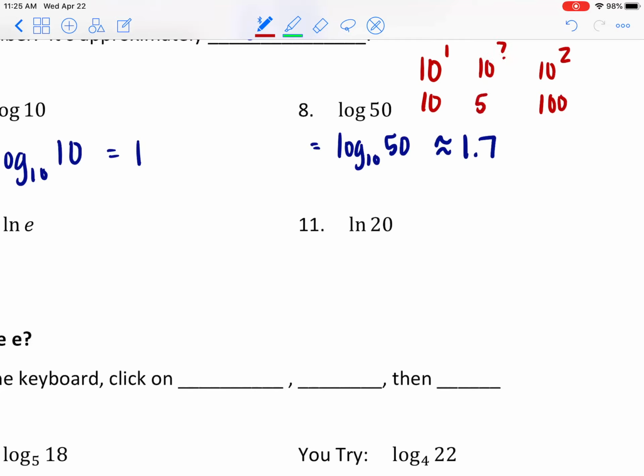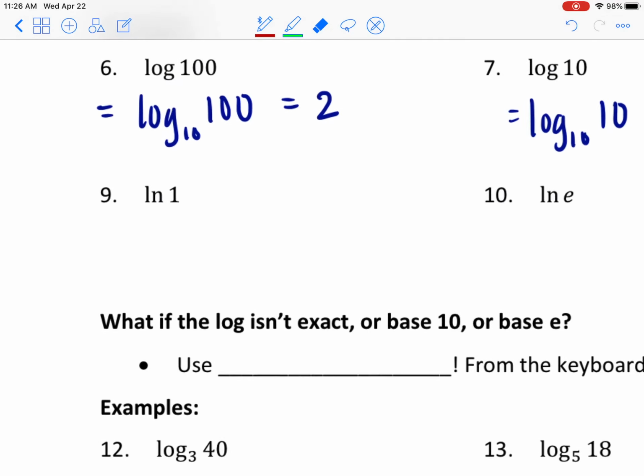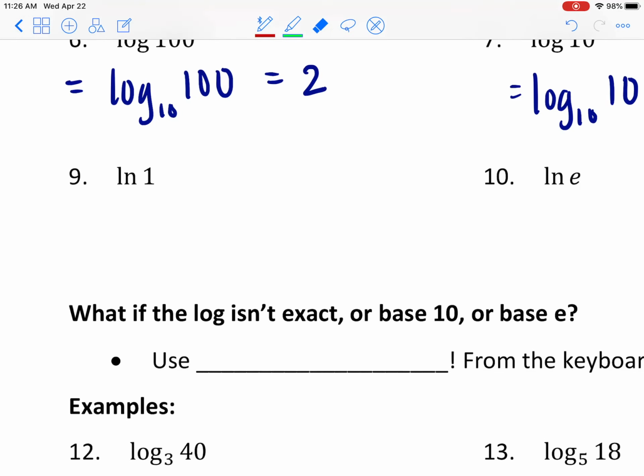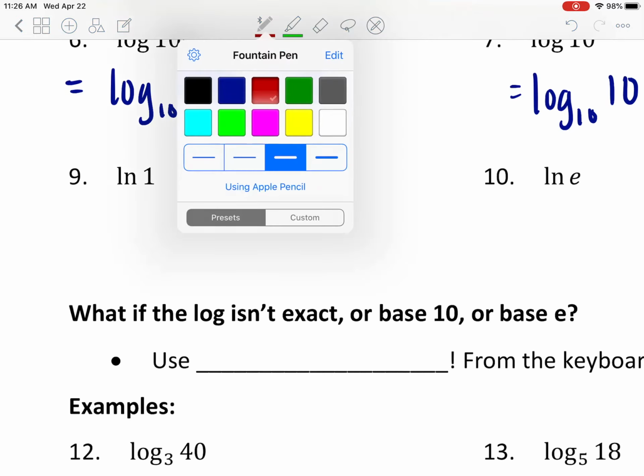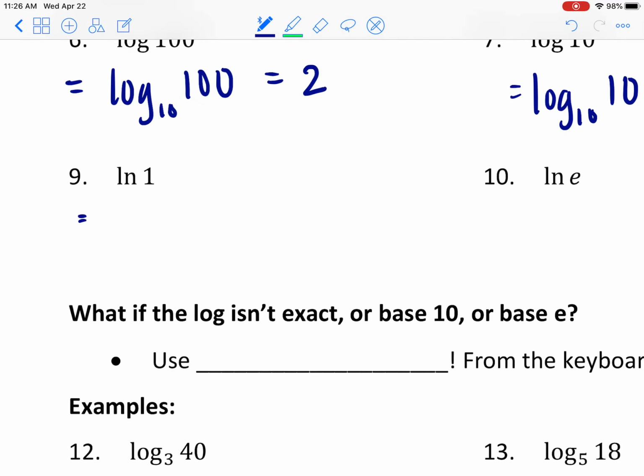If you knew 10 to the first power was 10, and that 10 to the second power was 100, we were looking for 10 to what power to get us to 50? Since 50 was between 10 and 100, it should have made sense that the decimal that we got here was between 1 and 2, right? We said about 1.7, and definitely closer to 2 than it was to 1, okay? So that's a reasonable estimate.